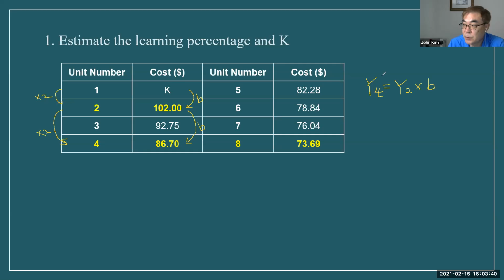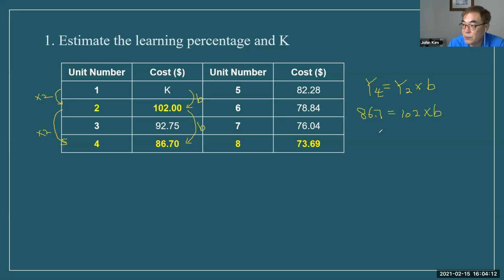We know Y4 is 86.7, which equals the unit cost for unit number 2, Y2, that is 102, times B. We don't know B yet.